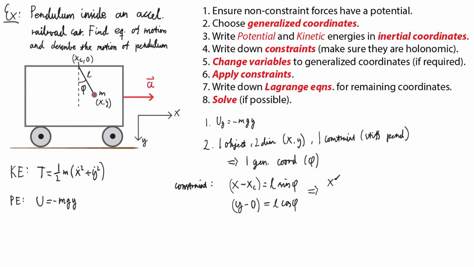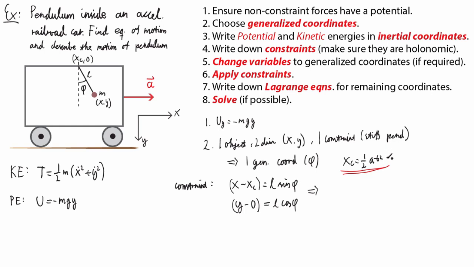In other words, x equals xc, but xc equals 1/2 a t squared, because the car is accelerating towards the right.